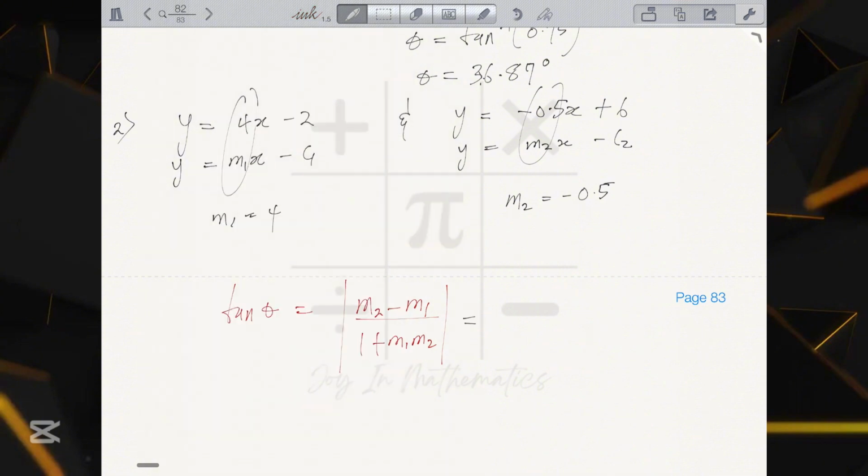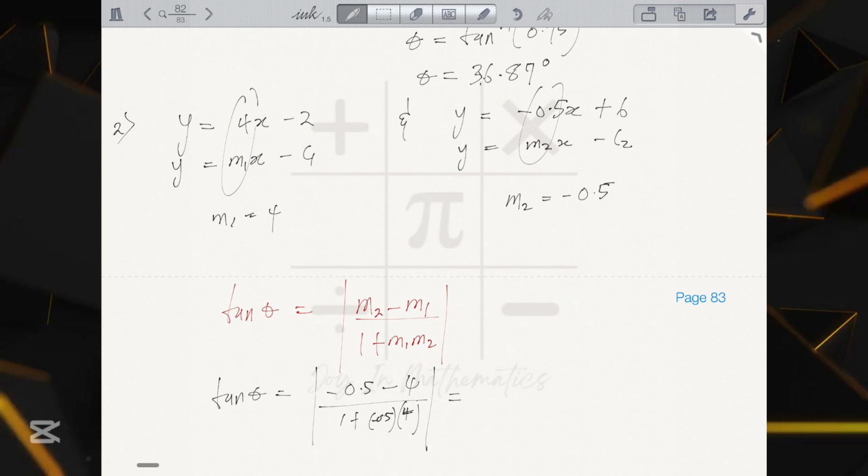Substituting, m2 equals minus 0.5, m1 equals 4, and we have 1 plus minus 0.5 multiplied by 4.